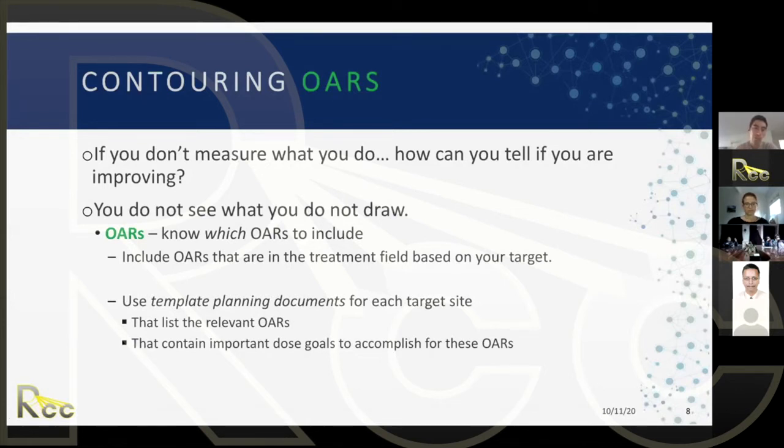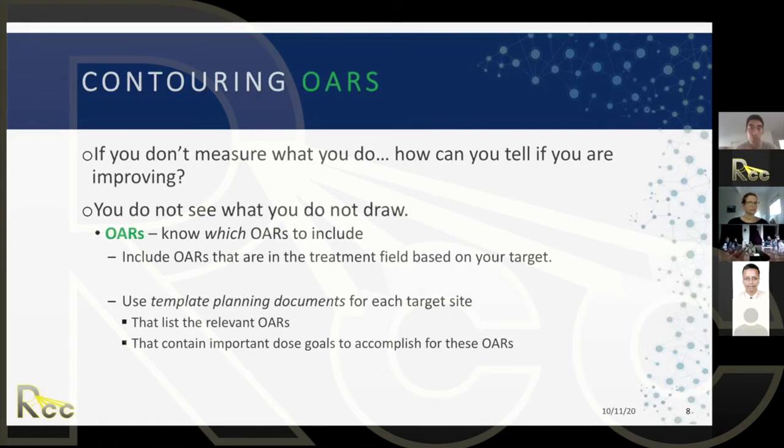Oftentimes there's a list of OARs that will always be present for certain diseases. I find it very helpful to create templates of these lists for when you are writing your planning directives or planning instructions for the physicist, listing the OARs that are important for that site. So it's always there every single time. By reducing the variability in what we do, we become safer in our practice.